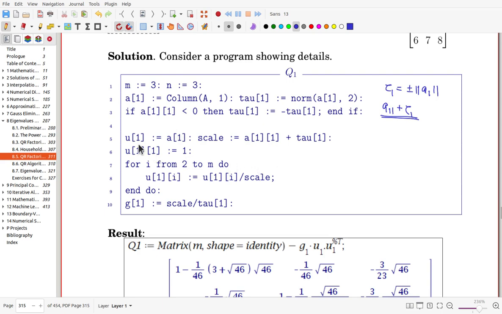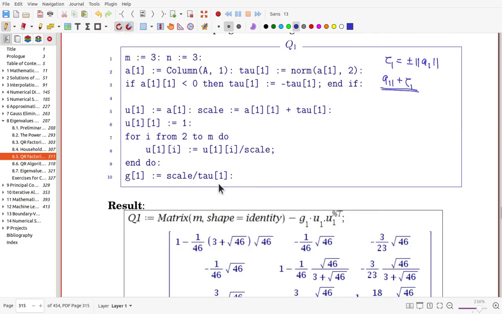Now U1 is A1, and then we find the scale, and the first component is 1, and the remaining part is just divided by scale. And now scale divided by tau from the earlier formula is G, the first component of G. That's it.